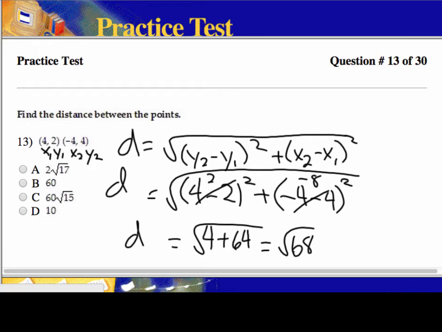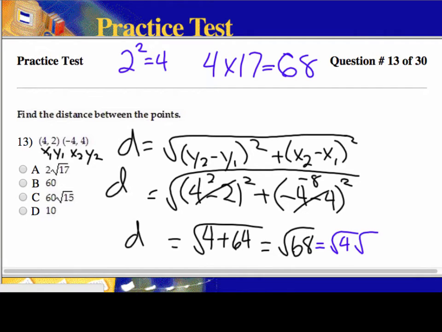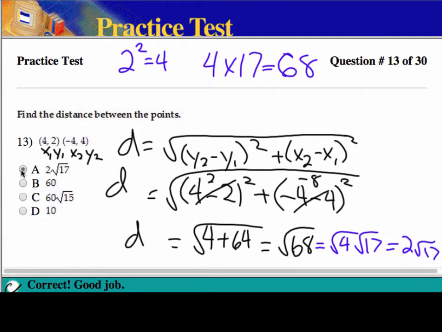I think 4 does. So 2 squared equals 4, and 4 times 17 is actually 68. So this can be the square root of 4 times the square root of 17, which is 2 root 17. Is that right? That is right. Are there any questions?